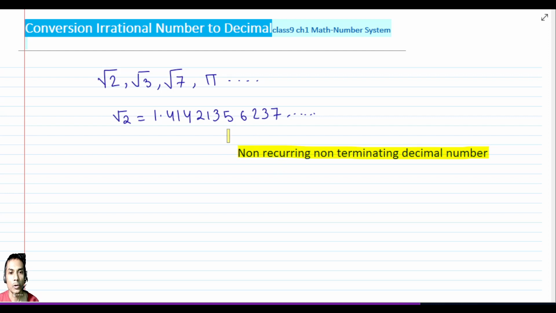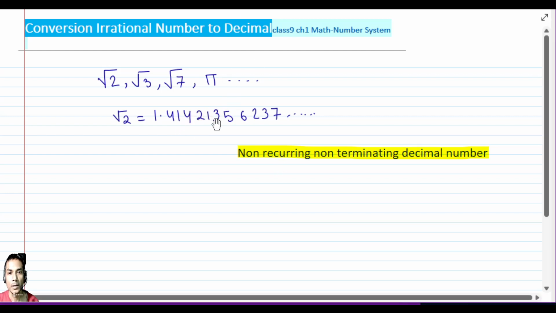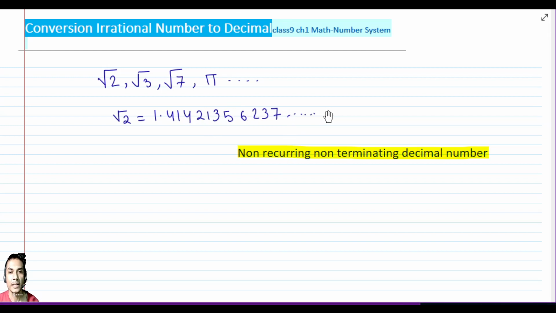Root 2 is equal to 1.4142135 and so on. So we never get the remainder as 0. So it is a non-terminating decimal number and also non-recurring, meaning non-repeating. After the decimal there is no repetition of the number.